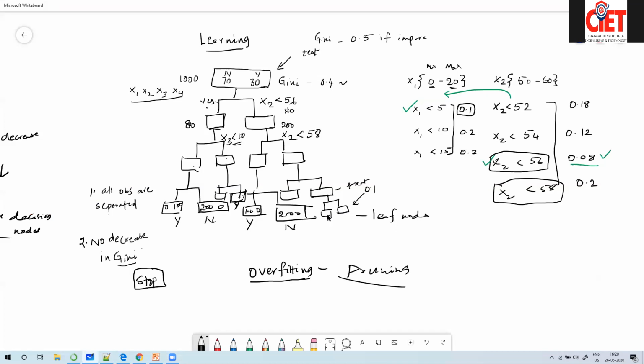Let's say we take this as the lengthiest leaf node of this tree: 1, 2, 3, 4, 5. So 5 decisions or 5 splits are used to reach the lengthiest leaf node of the tree. We can call this the maximum depth of the tree is 5.